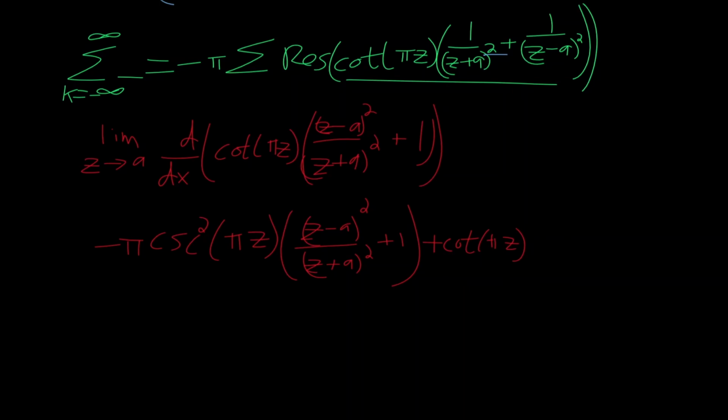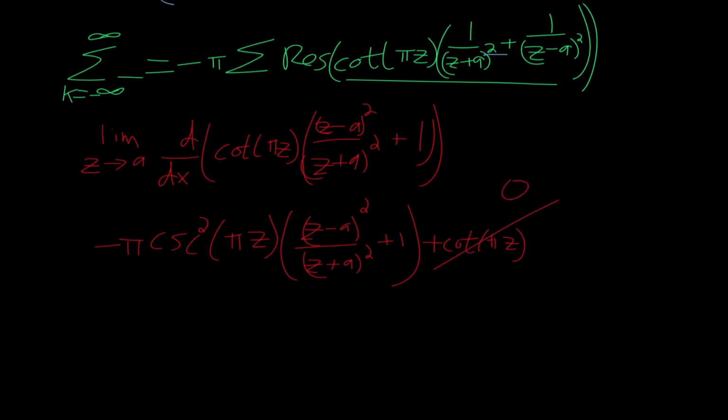But if we consider its derivative, that being 2 times z minus a, well, it's still going to be 0. Either way, it's 0. That's the point. So this whole term right here is actually just going to be a big 0.